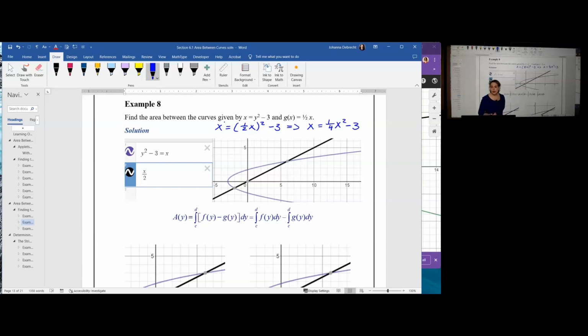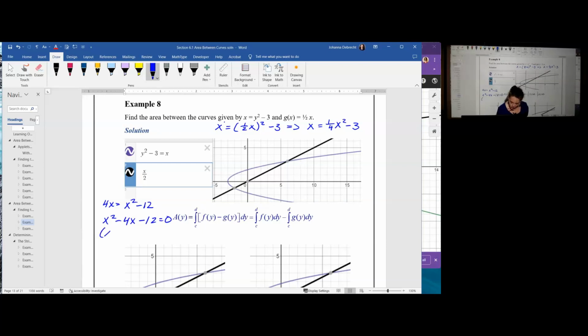Again, this is a quadratic equation, so I want to move everything to one side and get 0 on the other. It also would be simpler if I didn't have the 1/4, so I can multiply every term by 4. Rewriting, this would give me the equation 4x equal to x squared minus 12, which becomes x squared minus 4x minus 12 equal to 0.